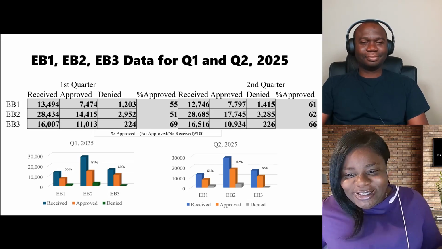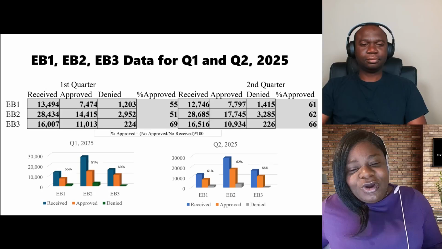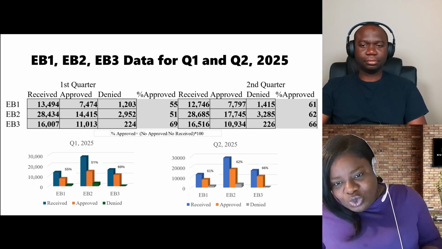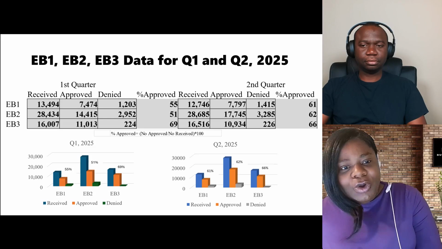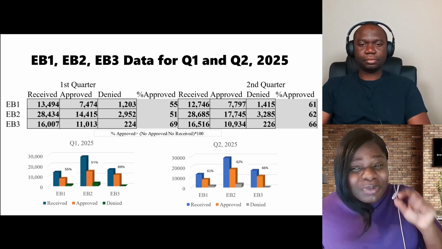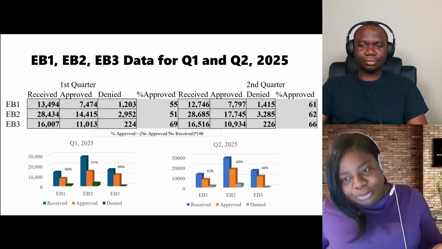That's an increase in the number of approvals. And for EB2, we see an increase as well, from 51% to 62% approval. And for EB3, a little bit of a drop, just about a 3% drop in the number of approvals.